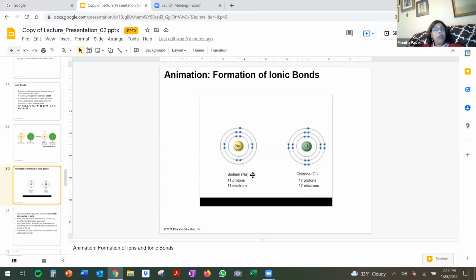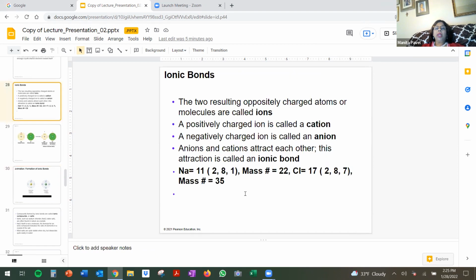Now, these are questions you would get in the exam. So you should know that sodium atom's atomic number is what? 11. What is the mass number? 22. What is atomic number? P. What is mass number? P plus N. So let's work it out here for sodium.